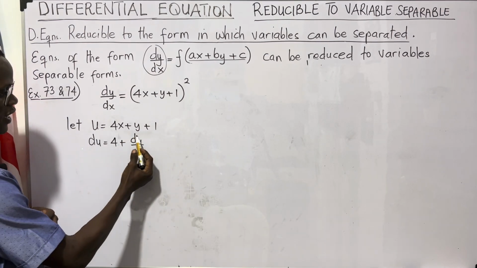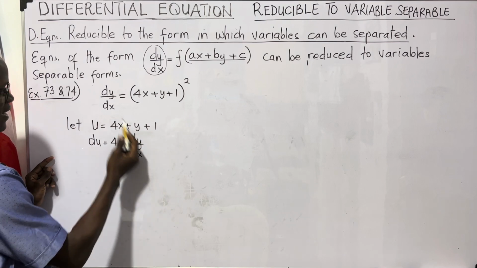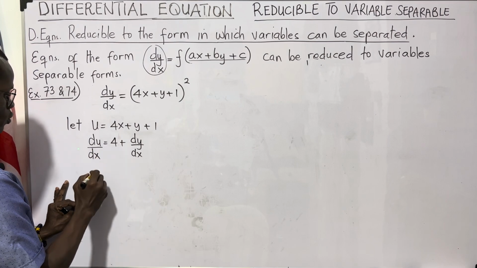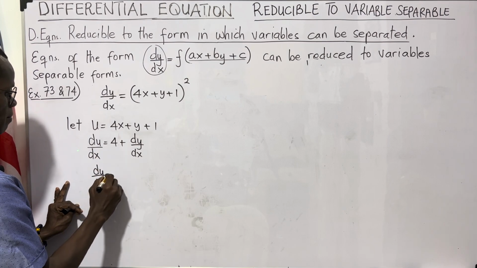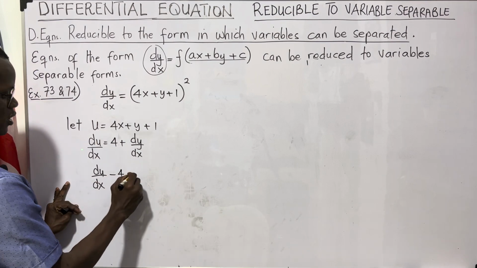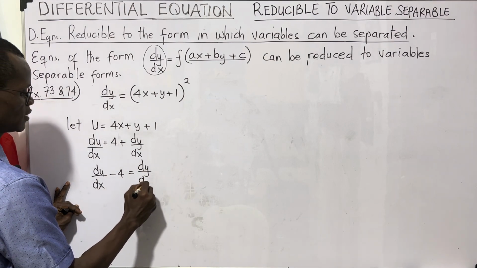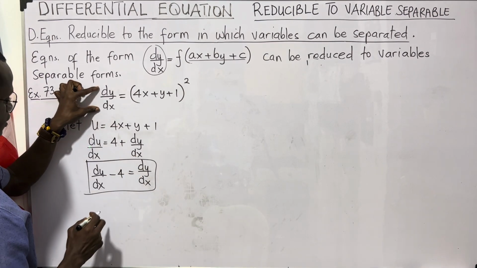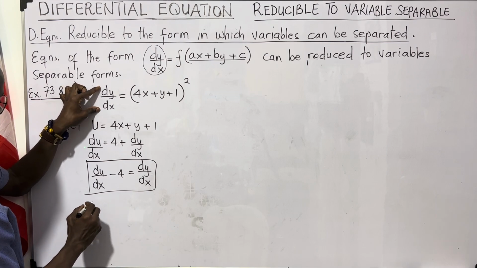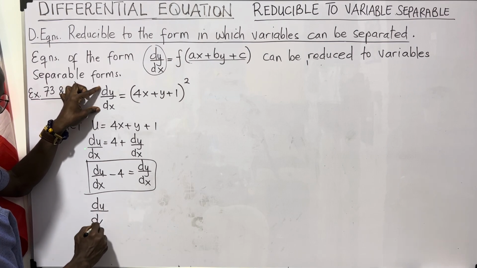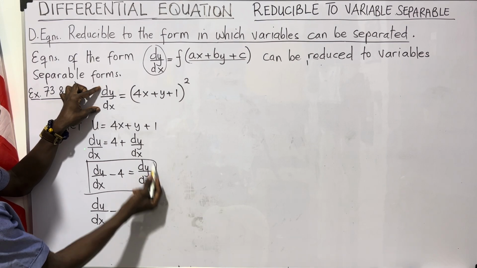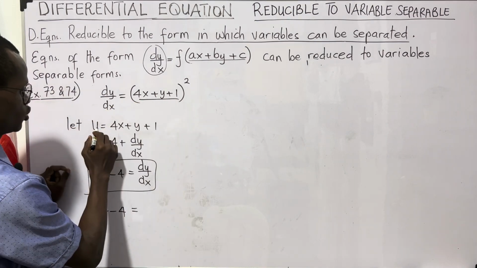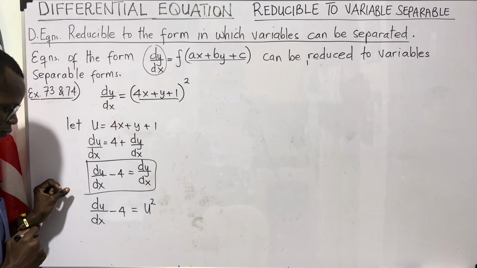Next thing we need to do is to solve for dy by dx so that we replace this dy by dx. So we have du by dx minus 4, that is we send this 4 across, equals dy by dx. So we replace this dy by dx now within this original equation. So we're going to have du by dx minus 4, that is the substitution for dy by dx, equals, now what is here is just u, so it's u raised to the second power.